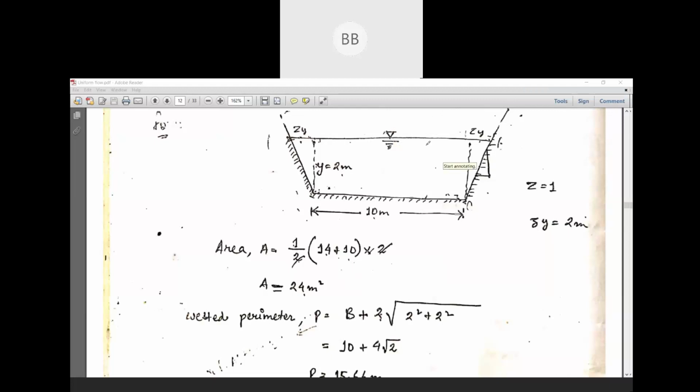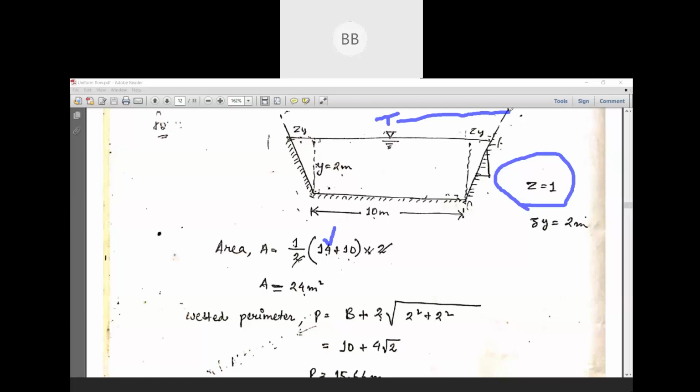As I have already told you, if it is 1:1, our Z is equal to 1. If Z is equal to 1, Y value is given 2 meter. So that is why 2 plus 10 plus 2, that is your 14. Very simple to calculate. Here Y is 2 meter multiplied by 1, that is 2 meter. 2 plus 10 meter plus 2 meter, then you can directly write 14 meter, your top width.